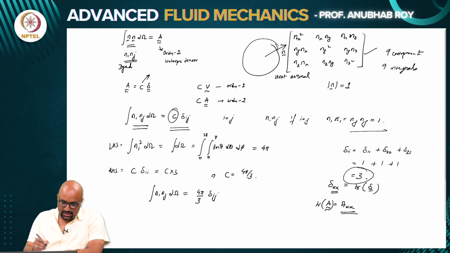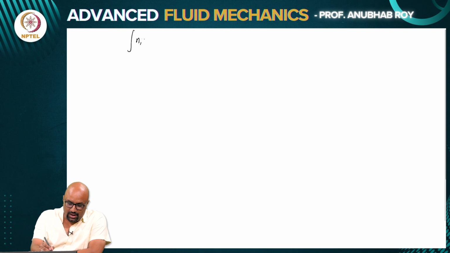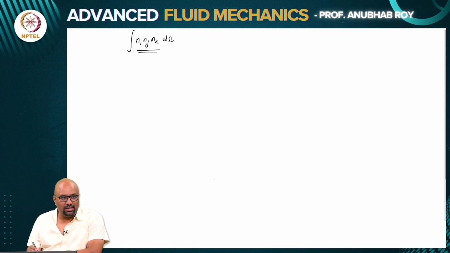You can keep being more adventurous and start doing higher and higher order. So, for instance, instead of an order 2 tensor, I have an order 3 tensor. And we know that an order 3 tensor that is isotropic is going to be epsilon ijk.